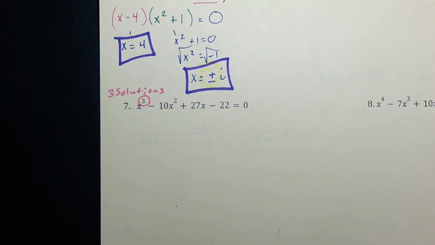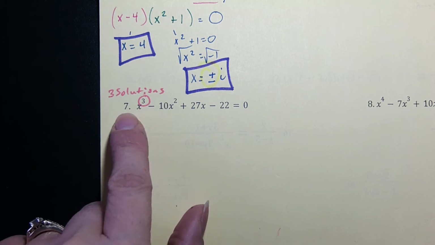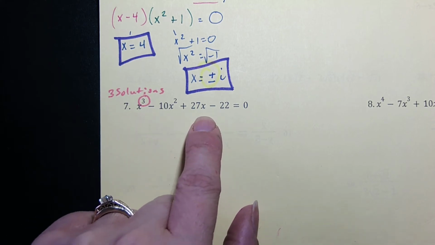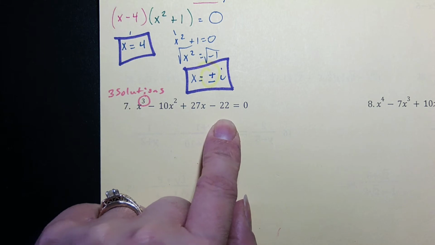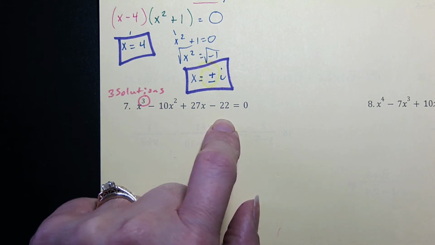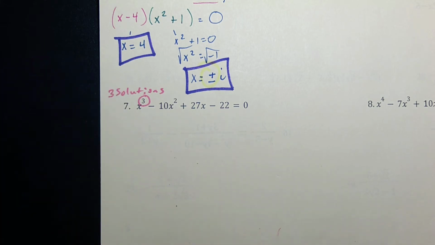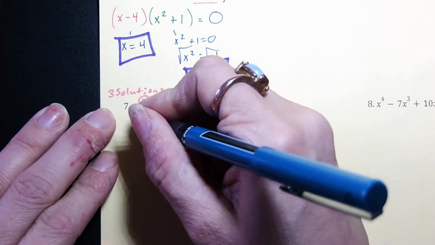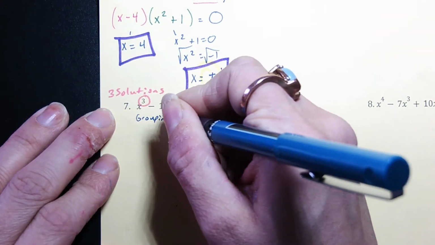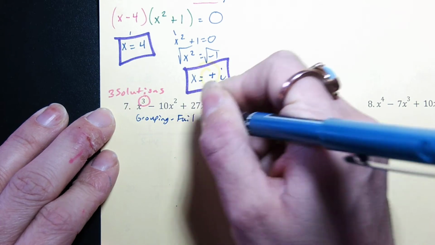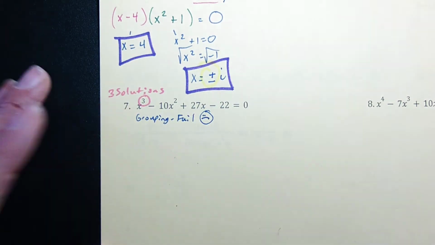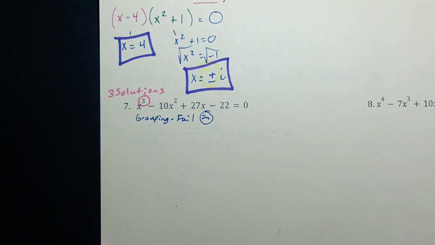Now, when I try to do factoring by grouping, I take an x squared out, which leaves me with x minus 10, but is there anything I can take out of 27 and 22? No, so grouping didn't work. So grouping, fail. So we can't factor this one.